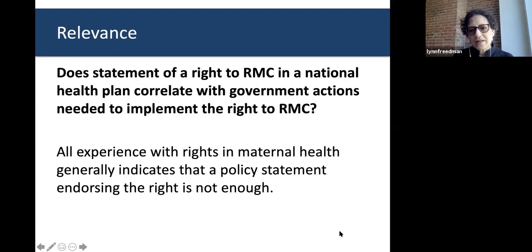We should also ask whether having such a statement of the right to RMC in a national health plan is likely to correlate with government actions that are needed to implement that right to RMC.